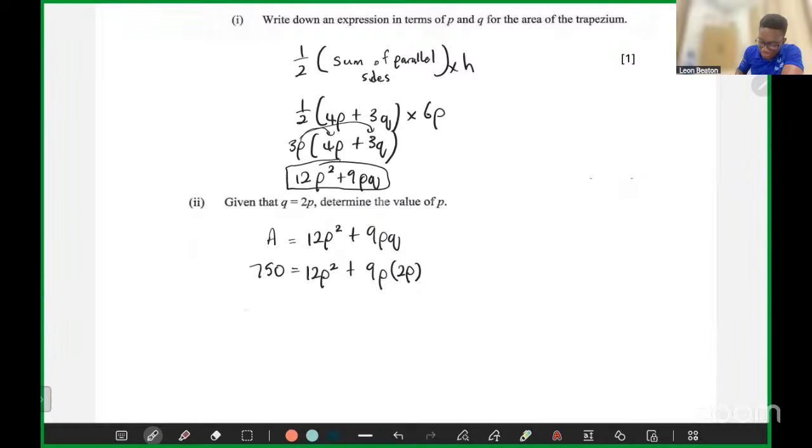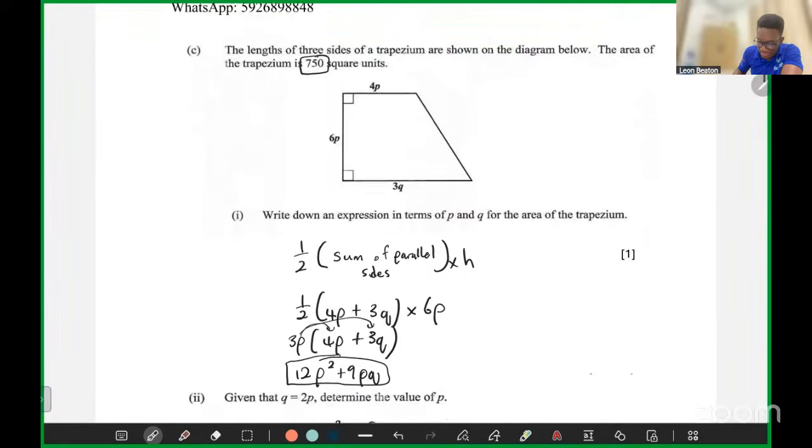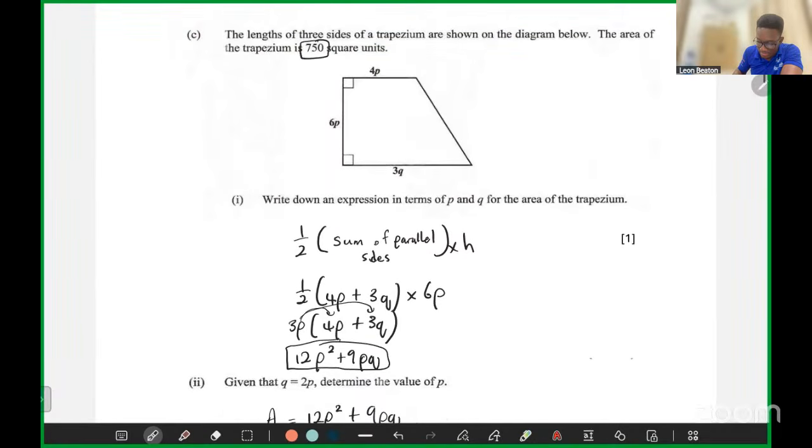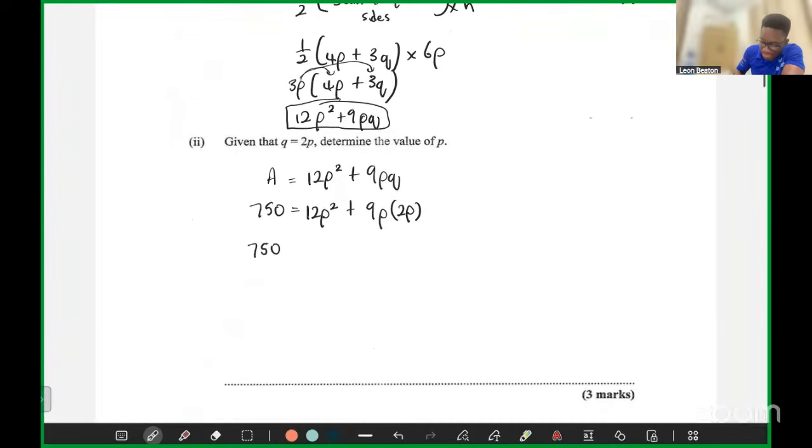So 750 is equal to 12p squared plus 9 times 2 is 18. P times P is P squared. So 750 will be equal to 12p squared plus 18p squared, that would give us 30p squared.